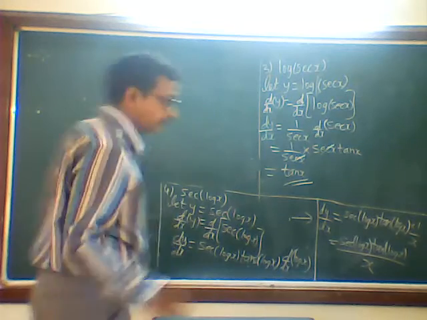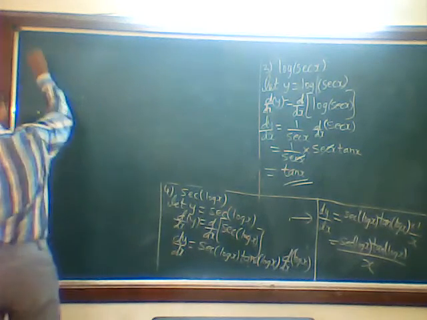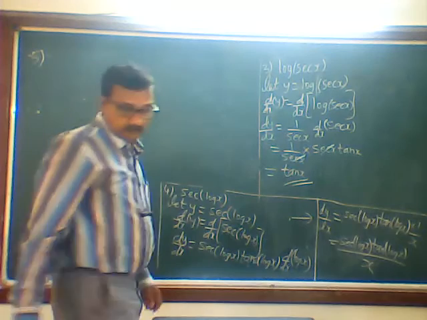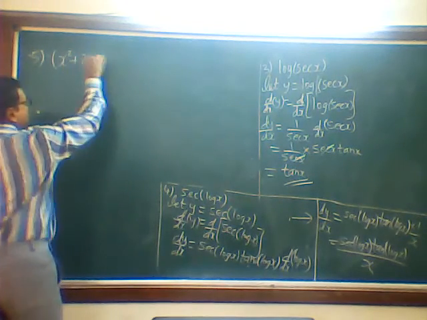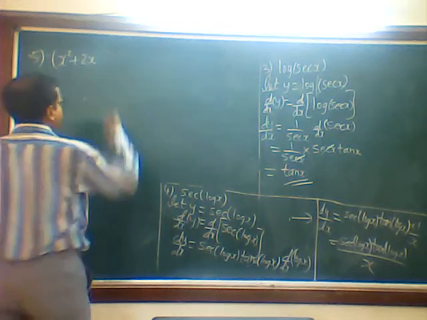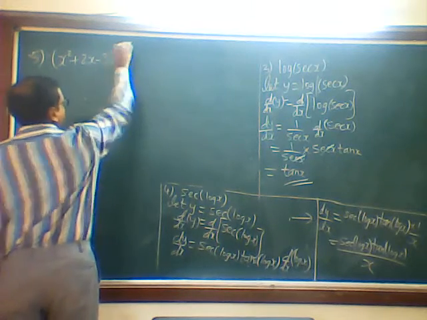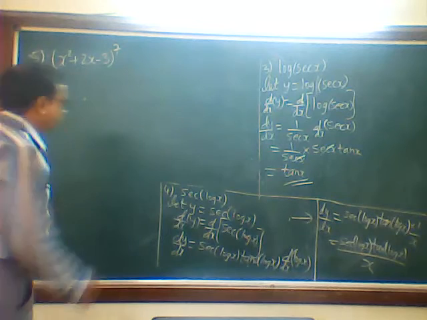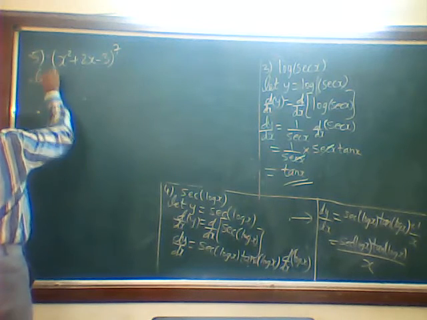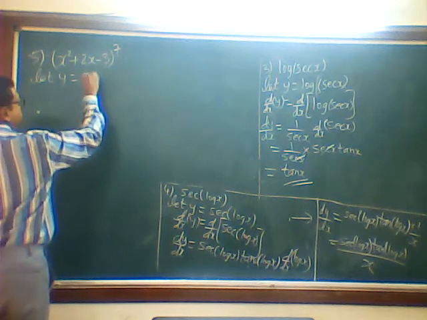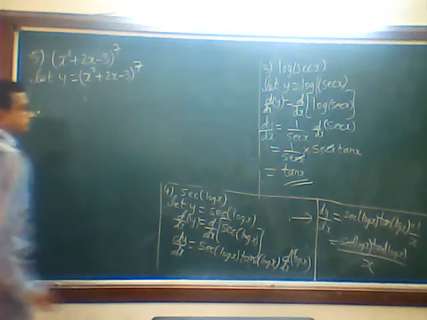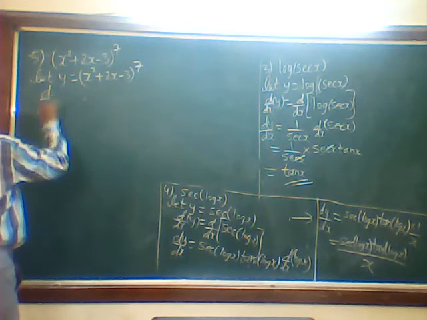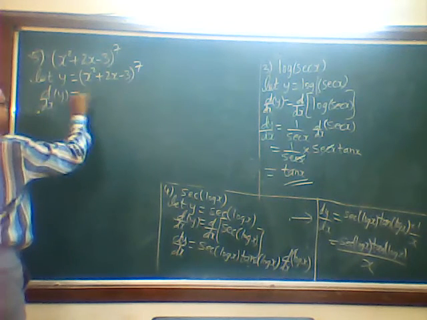Okay, fifth problem. Fifth one is in bracket x square plus 2x minus 3, whole bracket raised to 7. Okay, again let y is equal to that, then I will apply d by dx on both the sides.